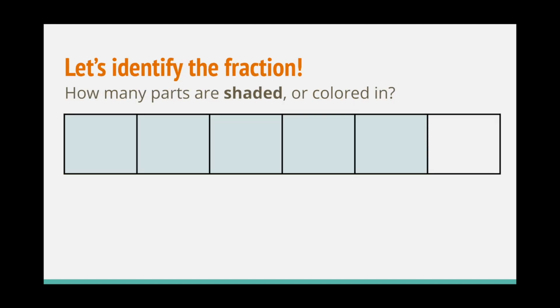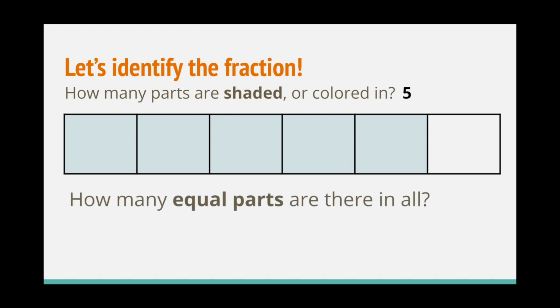How many parts are shaded in or colored in? If you said 5, you are correct. How many equal parts are there altogether? If you said 6, you are correct. So what is the fraction that we have shown here? 5/6.